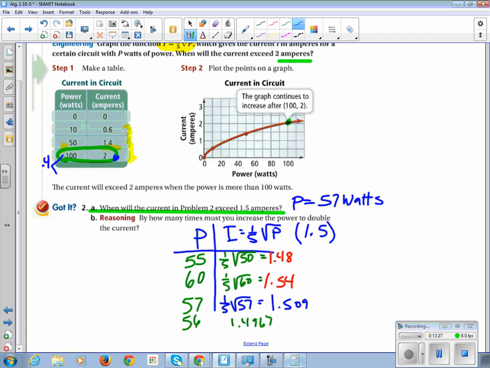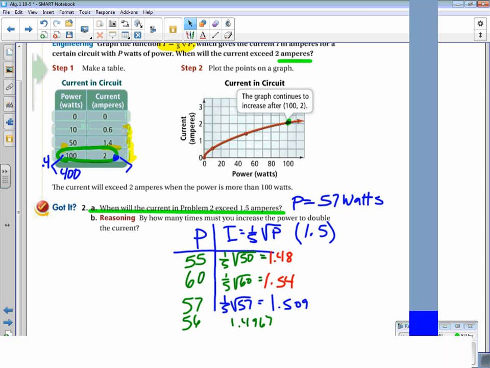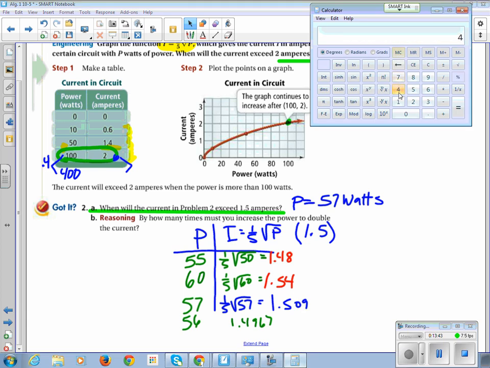So let's multiply this guy by 4 and see if we can't get our current to double. So what's 100 times 4? 400. And let's see if this 2 becomes a 4. Let's see if it'll double. So if I take 400, I take the square root, and I multiply it by 1/5.